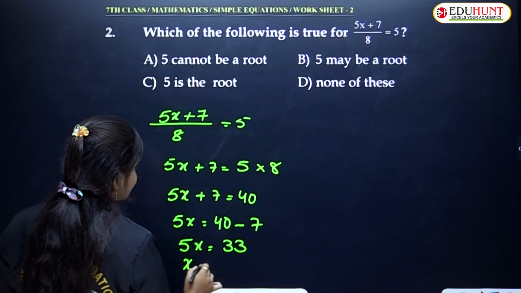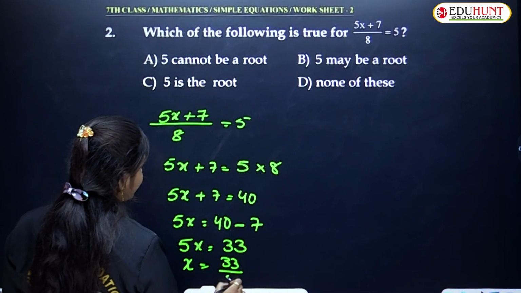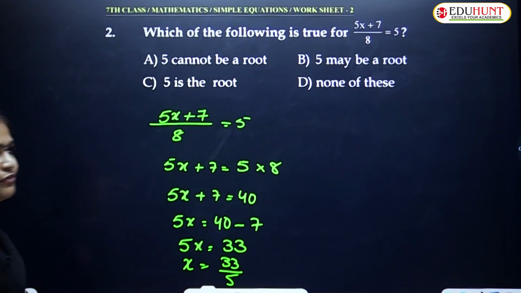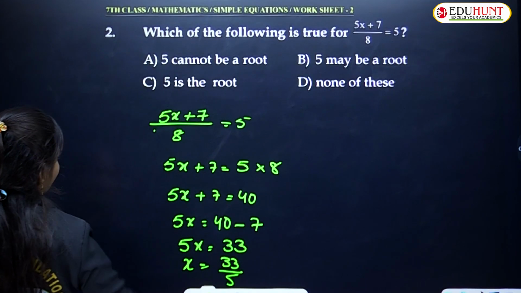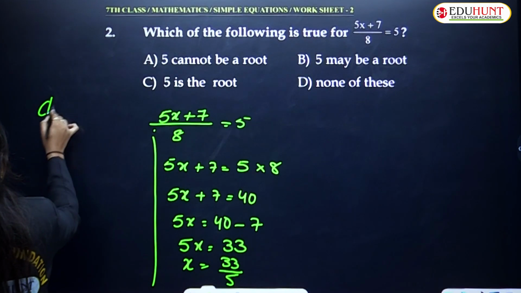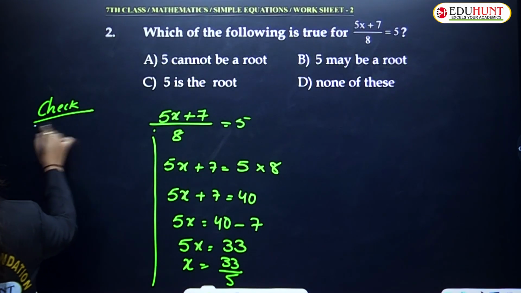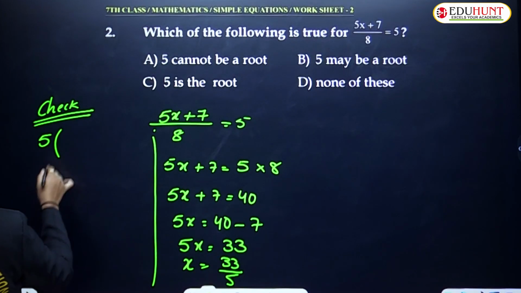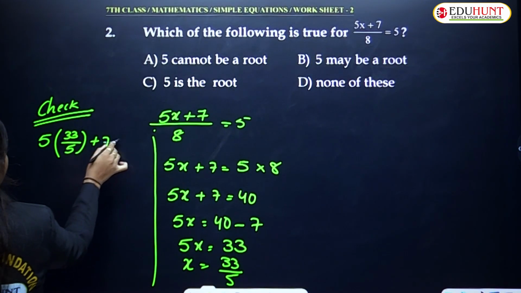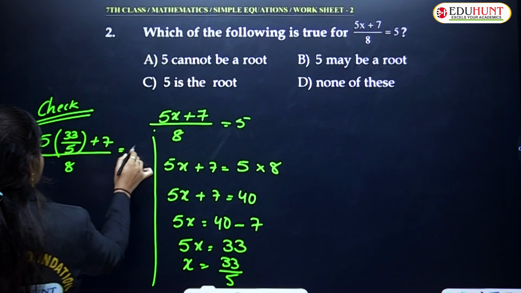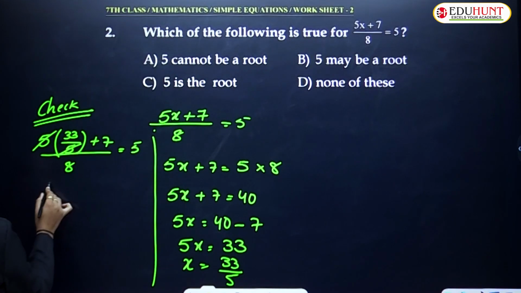And x is equal to 33 by 5. Then only that is satisfying, they are saying. Okay, see here, x is equal to 33 by 5, no? Just a checking process. Substitute the value here: (5 into 33 by 5 plus 7) by 8 is equal to 5. 5 and 5 get cancelled.